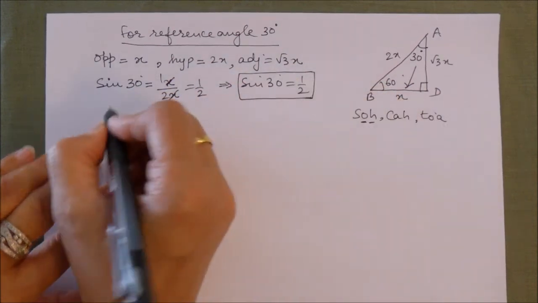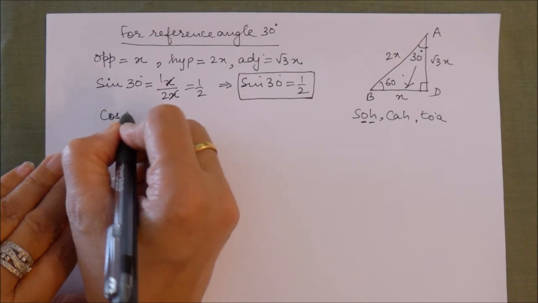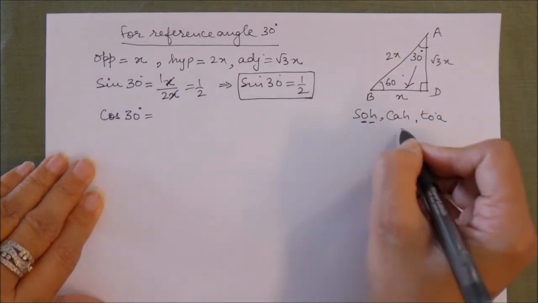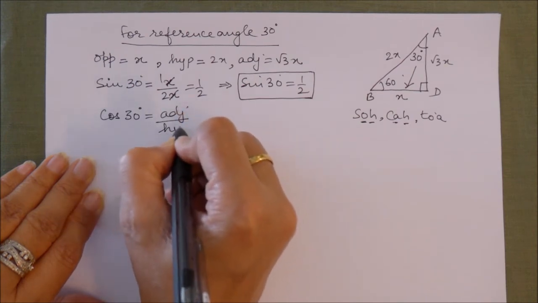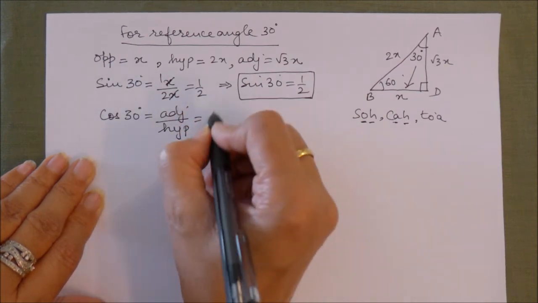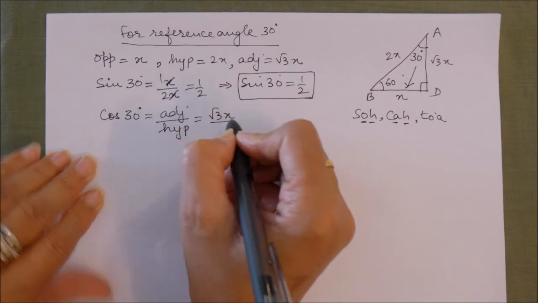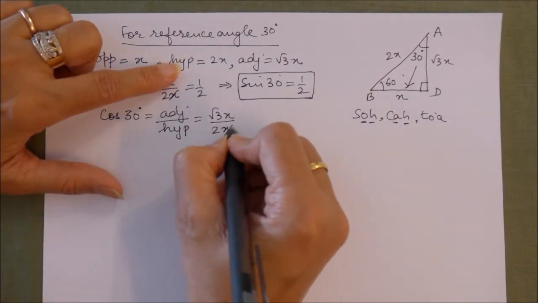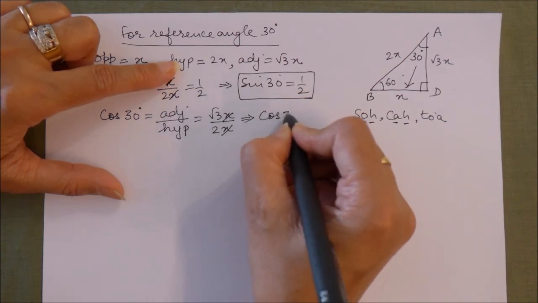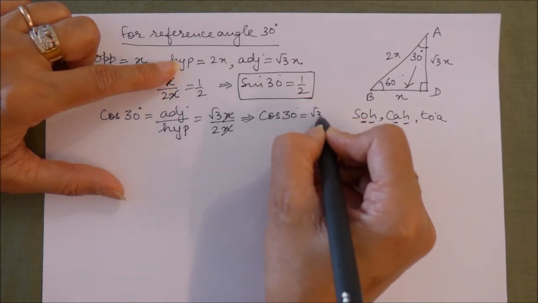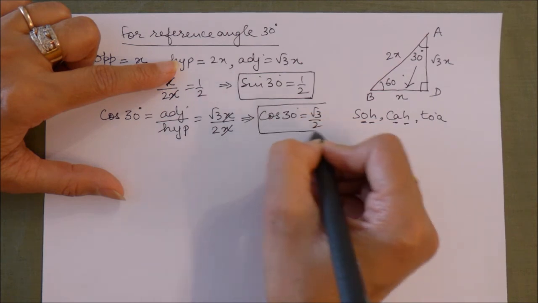Then cosine 30 degree. Cosine is adjacent upon hypotenuse. So we get root 3 times x upon hypotenuse 2x. So x gets cancelled. So cosine 30 degree is equal to root 3 upon 2.